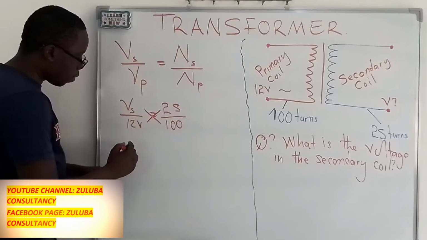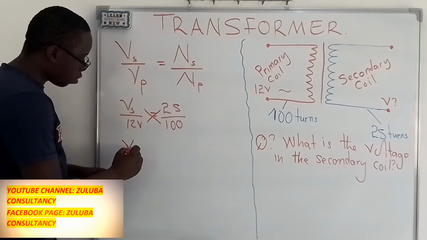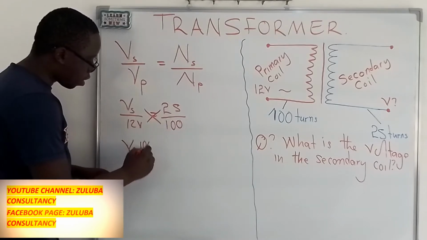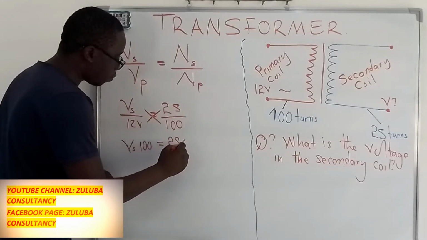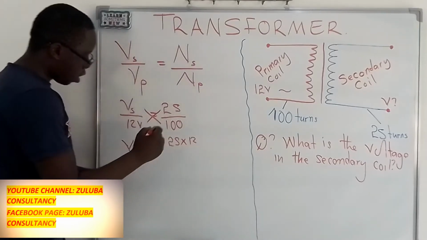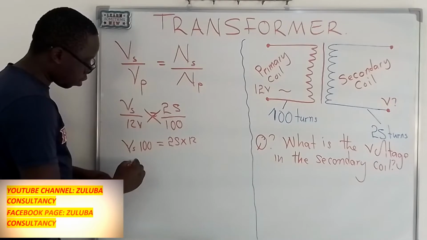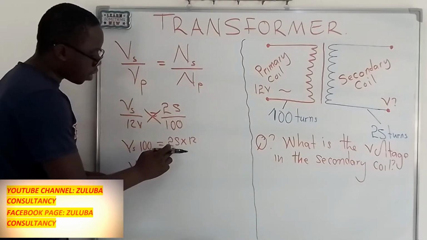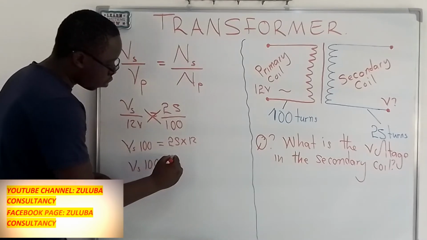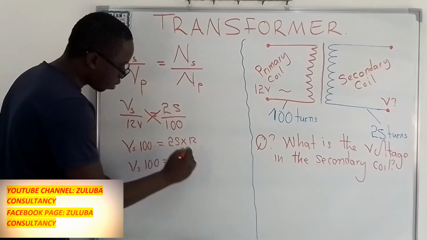So we cross multiply there. We'll have the secondary voltage multiplied by 100 is equal to 25 times 12. When you multiply 25 and 12, we get 300.